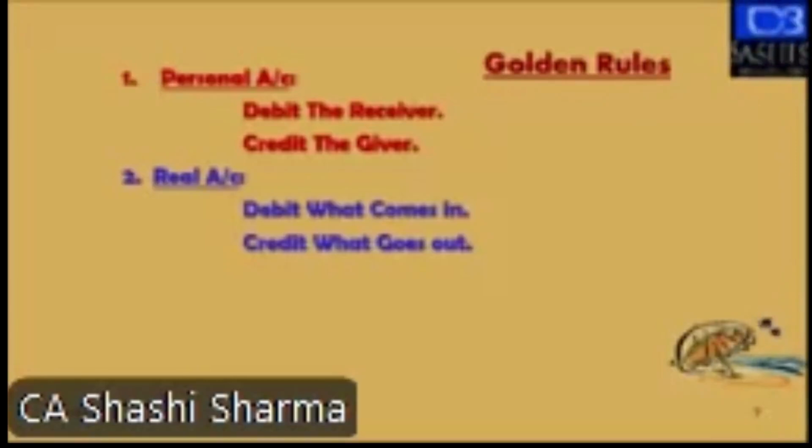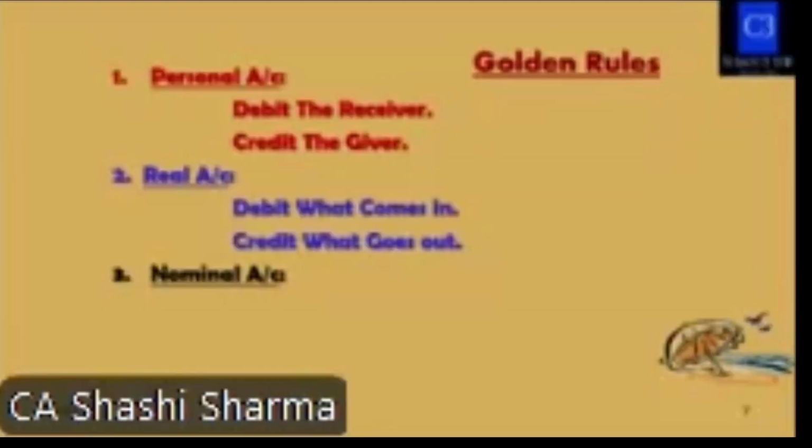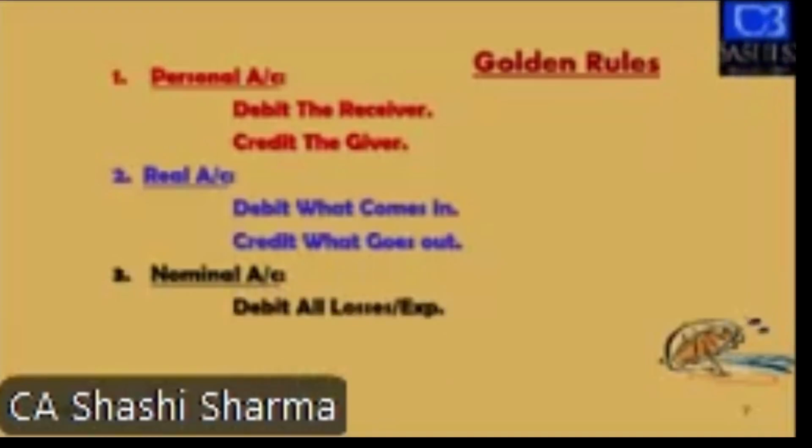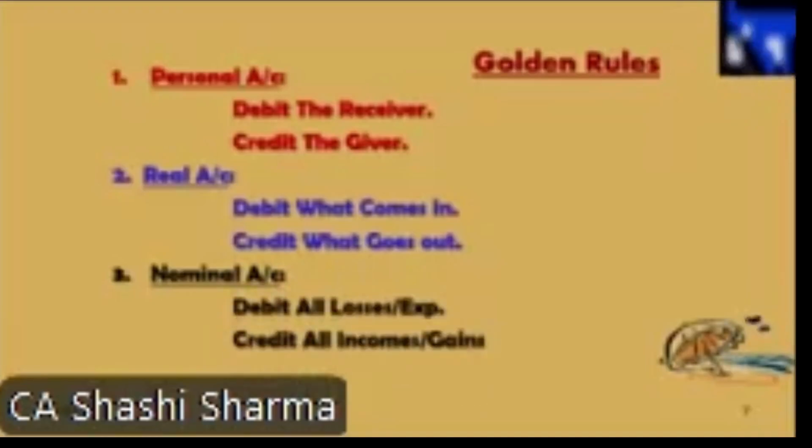Now we come to the two rules relating to nominal account. The rules of nominal account say debit all losses and expenses. If you are paying some cash to someone, then it is an expense for you.